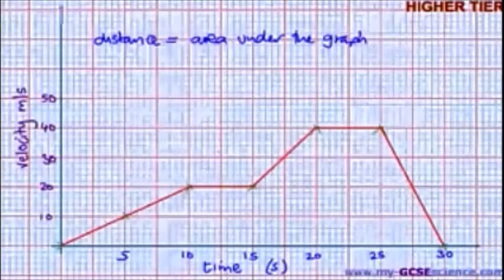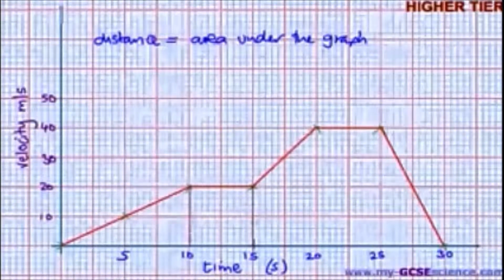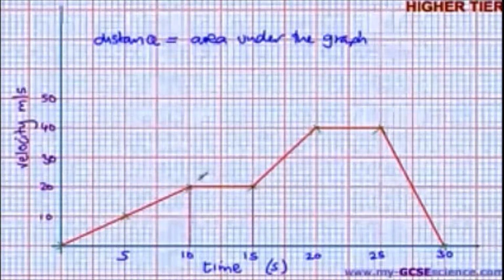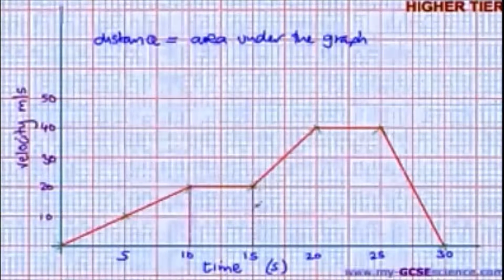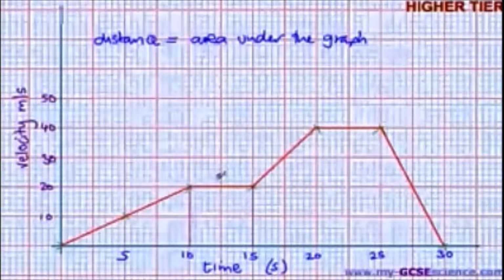And we could do it for various parts. So let's do it for this part here, which I think I previously called section B. For the distance travelled between 10 and 15 seconds, all you would do is calculate the area, and the area for this shape is simply given by the length times the width, or just multiplying the two sides together. From 10 to 15, that's a distance of 5, and the height is 0 up to 20.